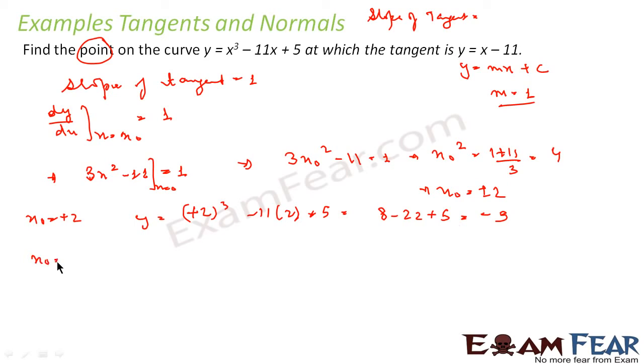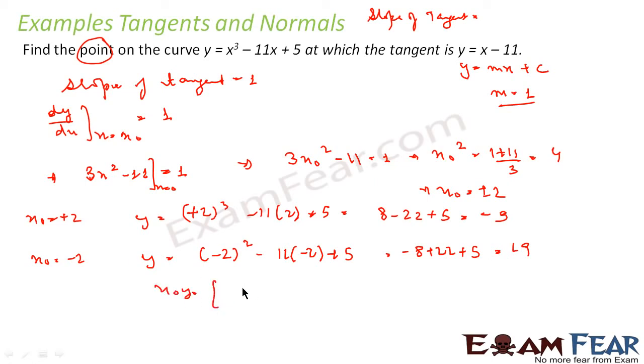In the other case where x naught is equal to minus 2, my y will be minus 2 cube minus 11 into minus 2 plus 5, that is minus 8 plus 22 plus 5, that is 27 minus 8, which is 19. So my x naught, y naught can have two values. One is x naught is 2 and y is minus 9, or x naught is minus 2 and y is 19, and that is my answer.